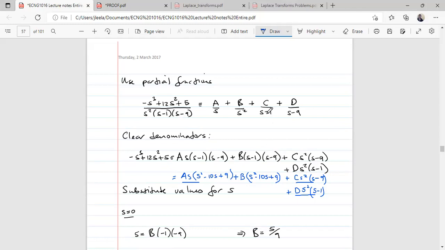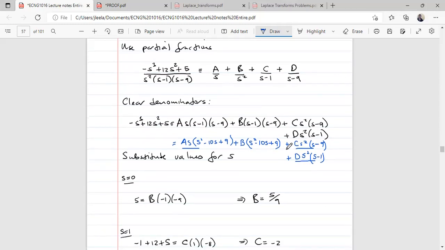The s minus 1 will cancel with the c, so you'll get c s squared, s minus 9, and the s minus 9 will cancel with the d, so you'll get d s squared, s minus 1, right?